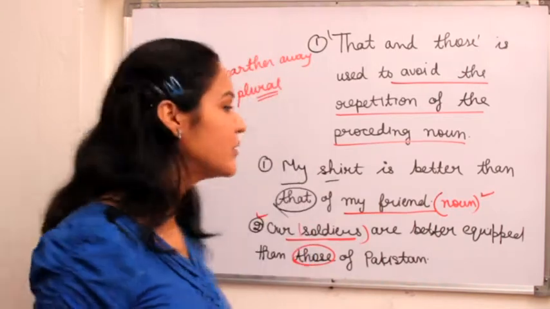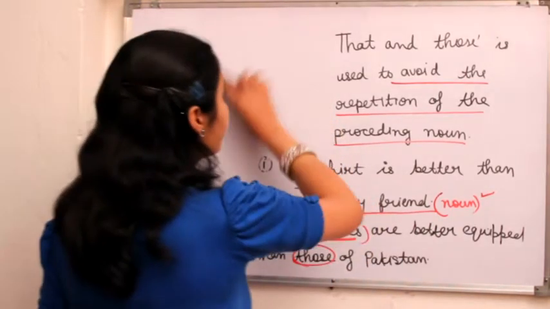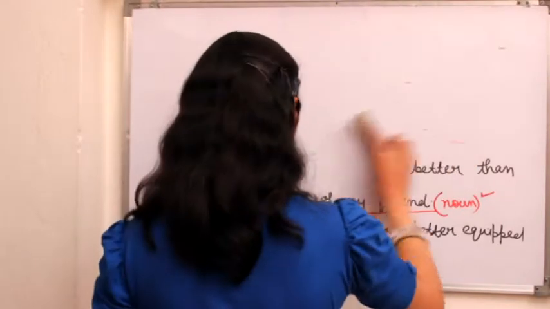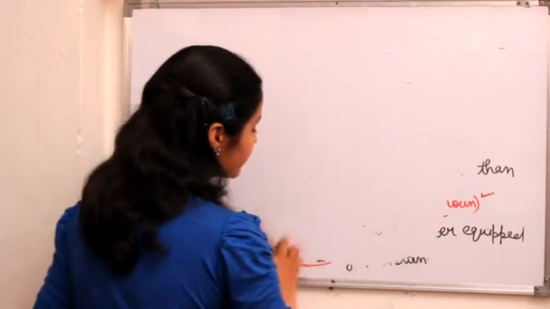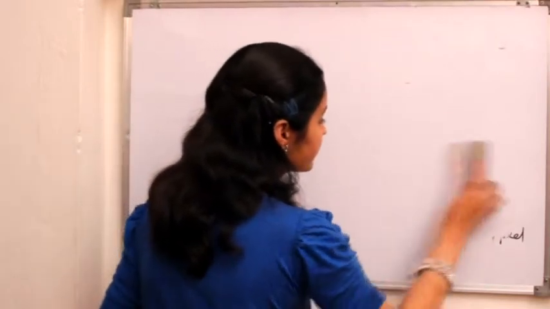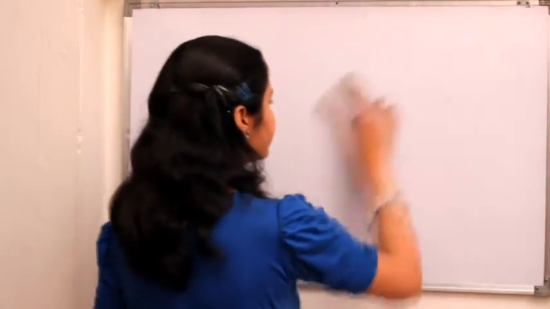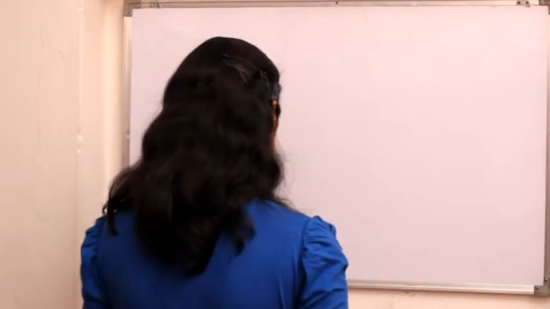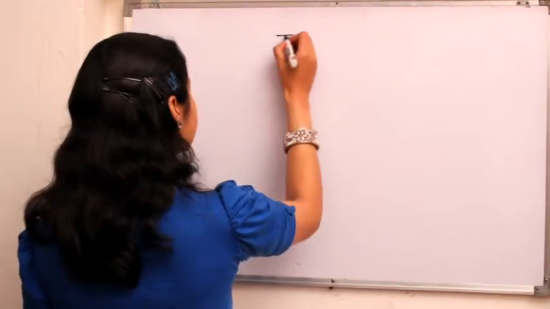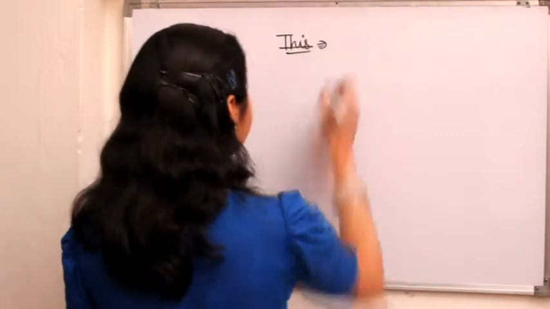Understood? So now I will explain demonstrative determiners by using some other examples. Okay, so here I write this.